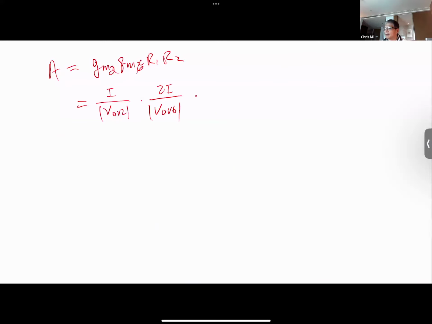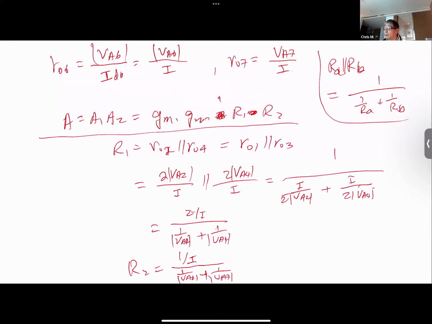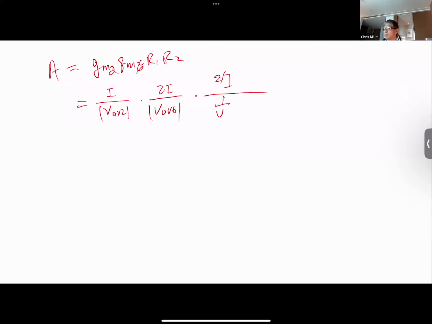So R1 is given like this: 2I times 1 over 1 over VA2 plus 1 over VA4, and then times I over 1 over VA4 plus 1 over VA6. Okay, so we got this number.